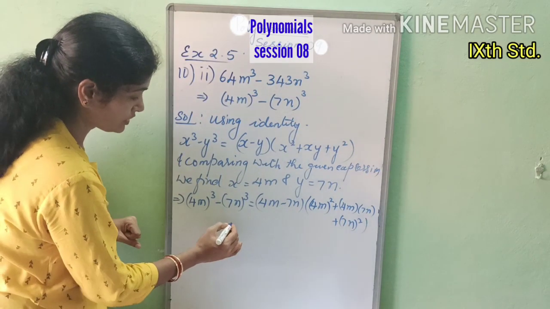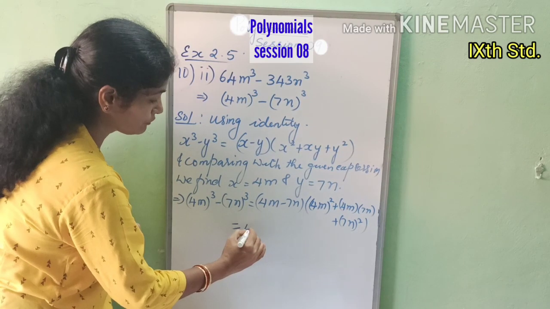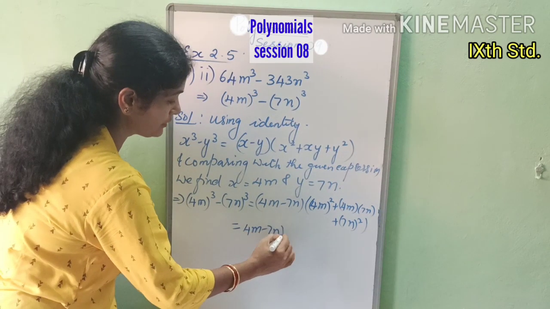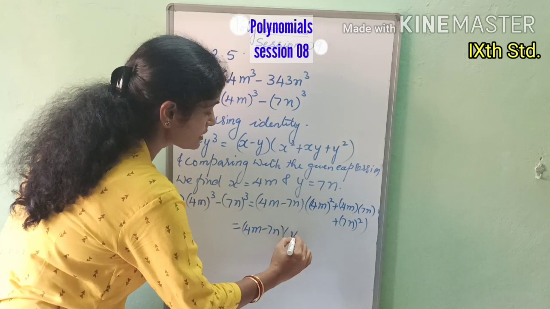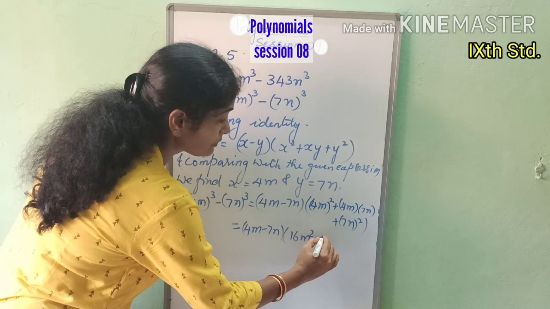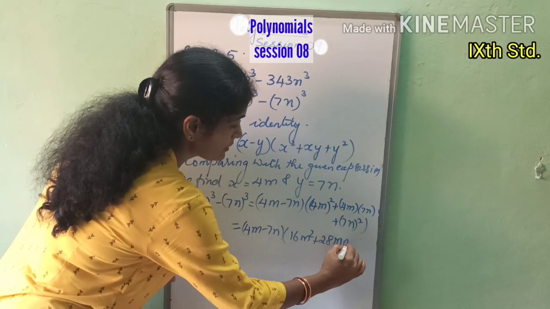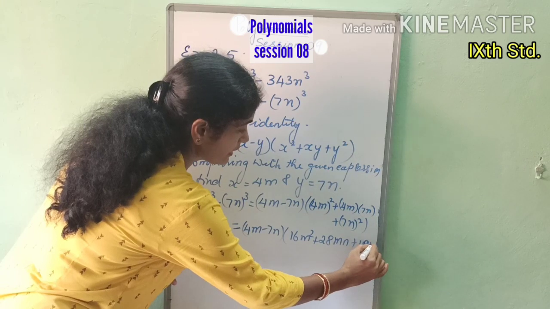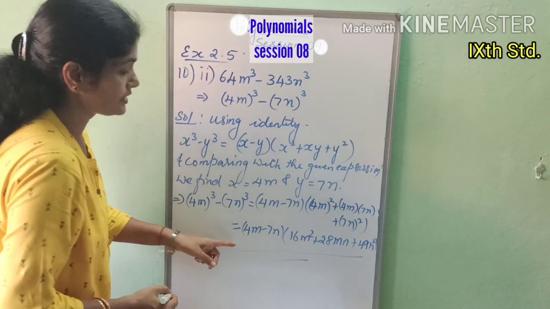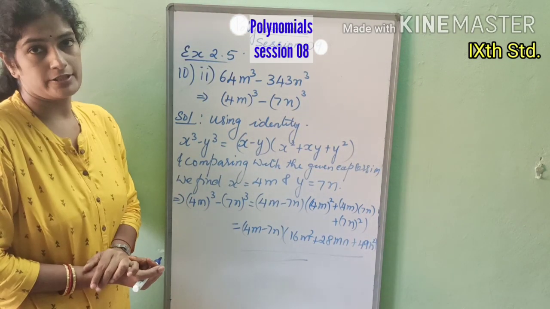Fine. So this is equal to 4m minus 7n into 16m square plus 28mn plus 49n square. These are the factors of this given expression.